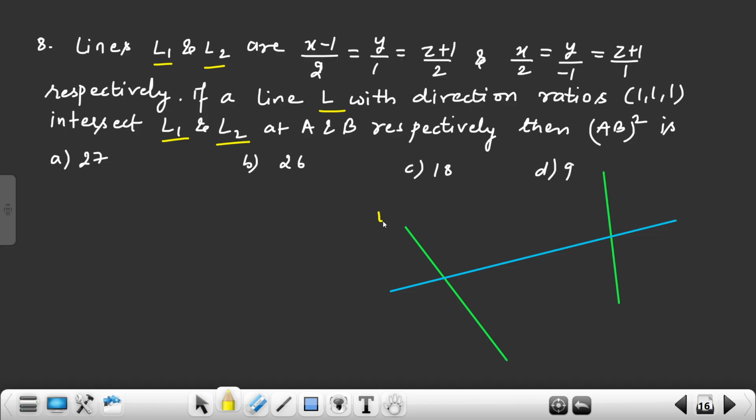Let's suppose this is L1, this is L2, and the line L with direction ratio 1, 1, 1 intersects them at points A and B respectively.